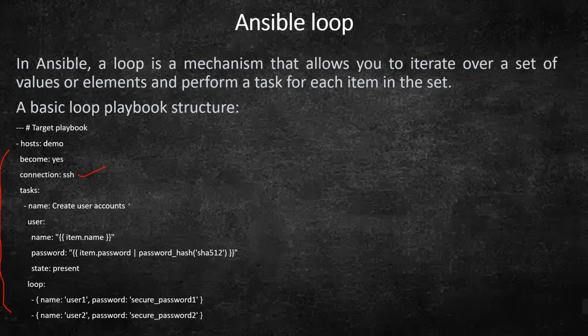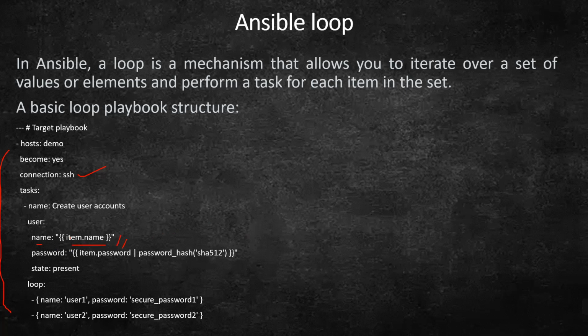So in this playbook we will create a user. The name is item, which is under Jinja. I have already told you this is the Jinja template. In the loop section also, Ansible uses the Jinja template.